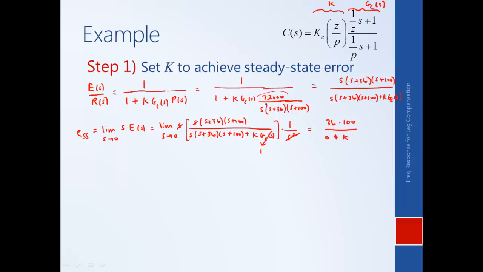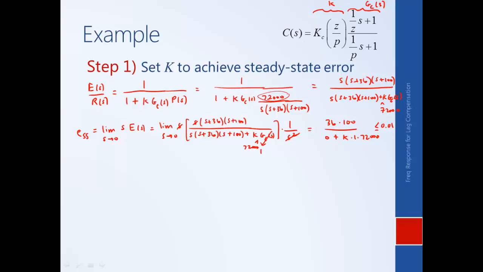I've also left out the 72,000, so there's also a 72,000 in there. Of K times 1 times 72,000. And we need that to be less than 0.01, let's say less than or equal to.